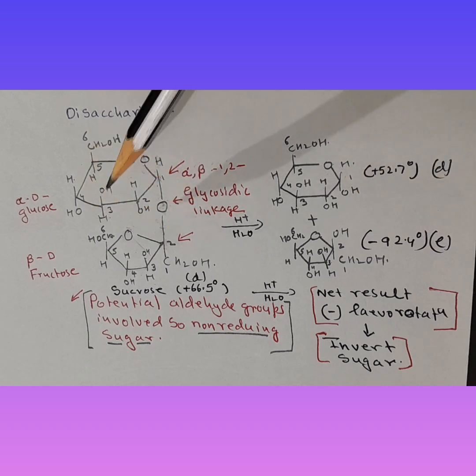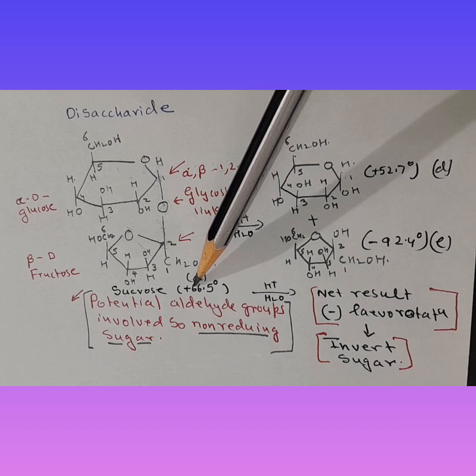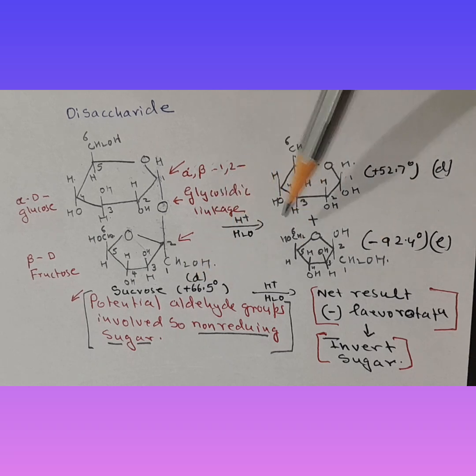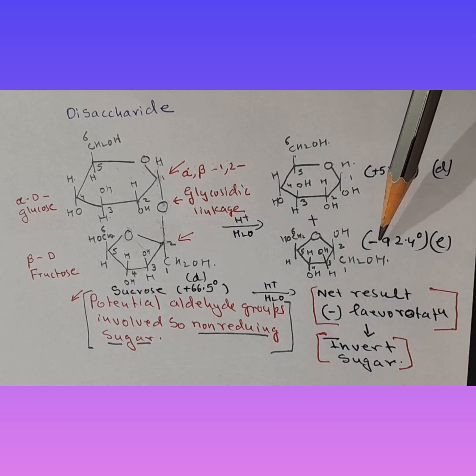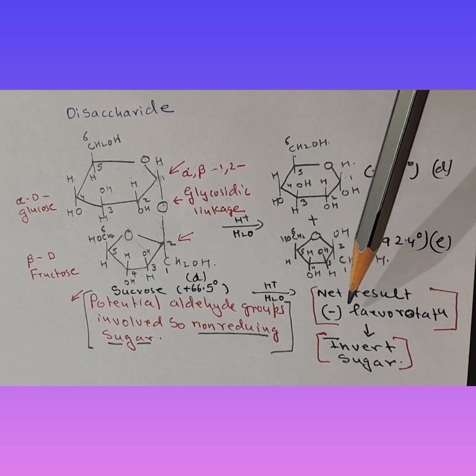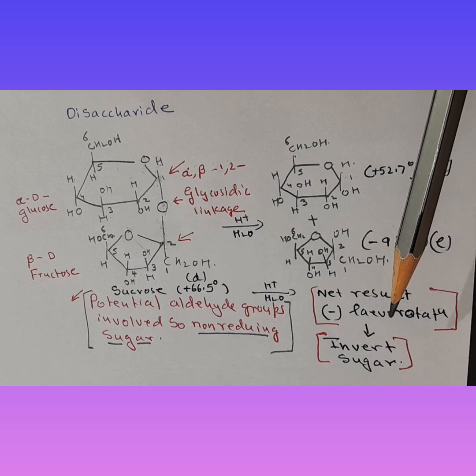So this forms dextrorotatory and this forms levorotatory, plus 52.7 and minus 92.4. Initially, as soon as we dissolved sugar, the rotation was this, but after hydrolysis with a bit of acid, these are the two rotations. So the net result is obviously negative, levorotatory.